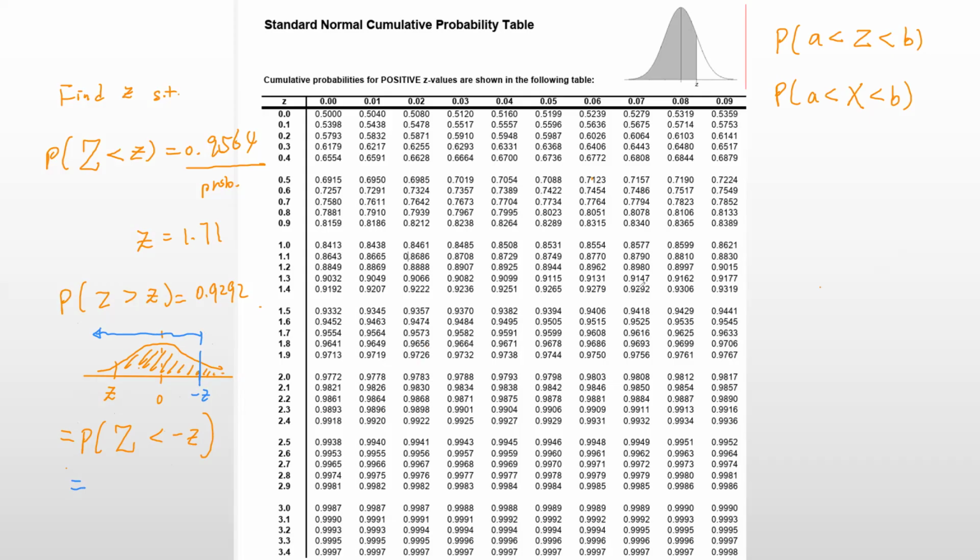It's cumulative, so you have 1.47. And this is the probability. So negative z is 1.47. So z equals negative 1.47.